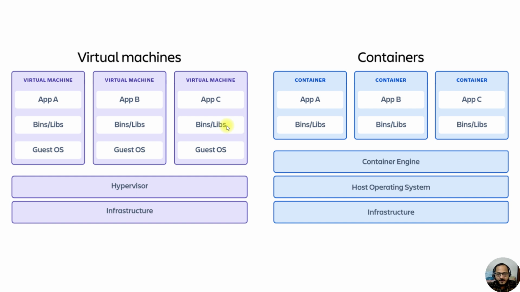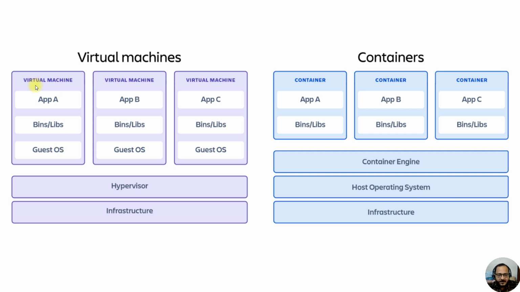Now the point comes: when we already have the virtual machine concept, why do we need a container? The difference is in the architecture of a virtual machine. You have some hardware or a big server, then you install a hypervisor over it, then you create virtual machines. Maybe you need 2, 3, 4 or more virtual machines based on your hardware capacity, but each virtual machine has its own operating system, own libraries, and own applications.